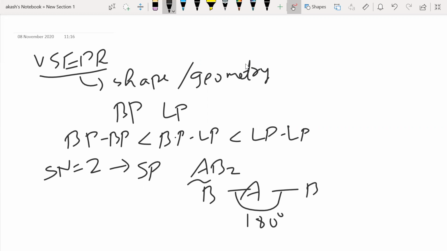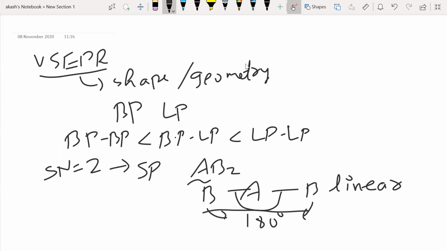If I put it a little like this or a little like this, obviously some repulsions are going to be there. The minimum repulsion is when I put the molecule this way, and this particular shape or geometry is called linear shape or linear geometry. Like this, we'll be able to predict the shape and geometry of the molecule.